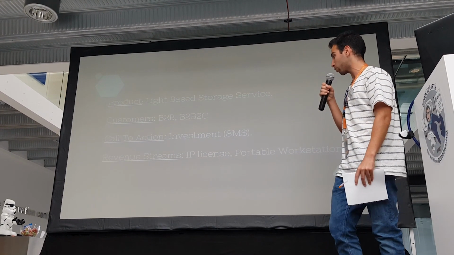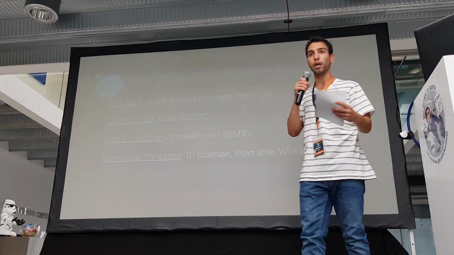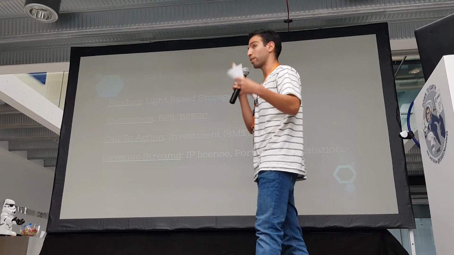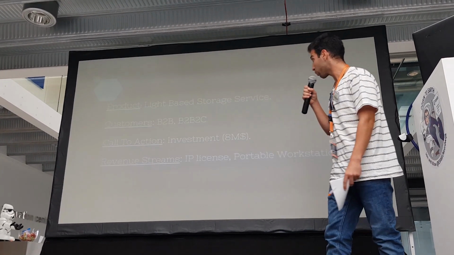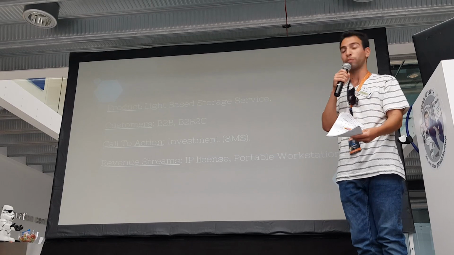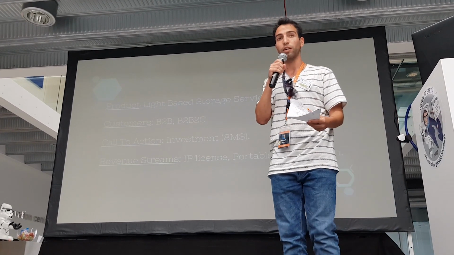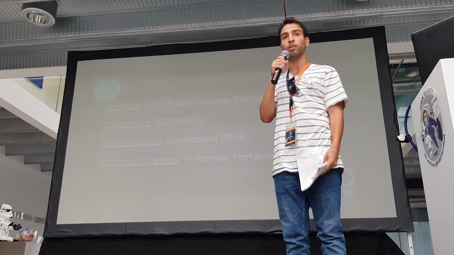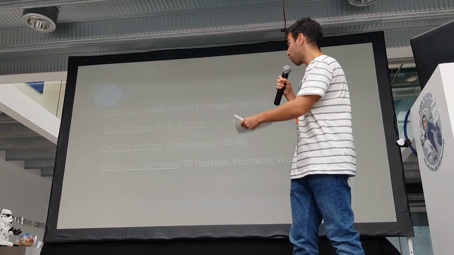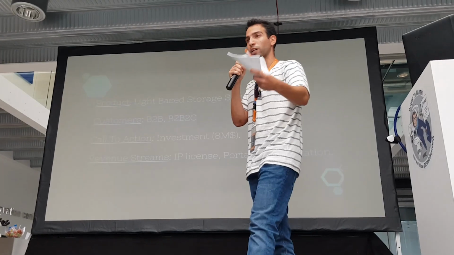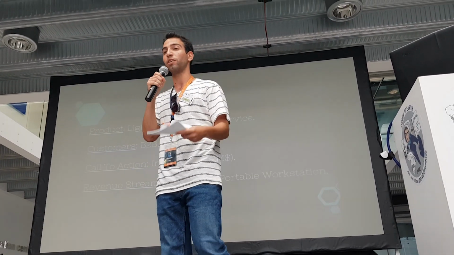In the beginning, we will supply an IP license for using our product. And in the end, we supply portable workstations for the end user just to store the data. And after 3 years of development, we can use the infrastructure to replace the data center.